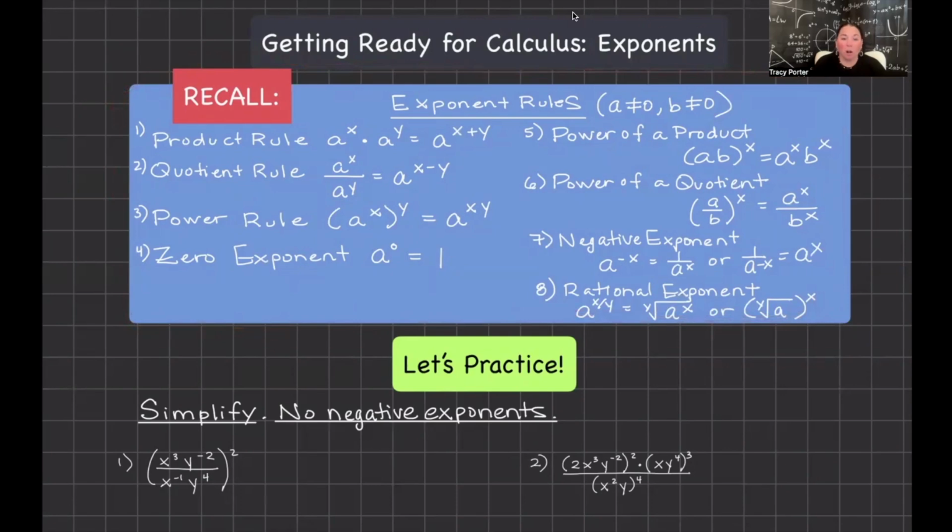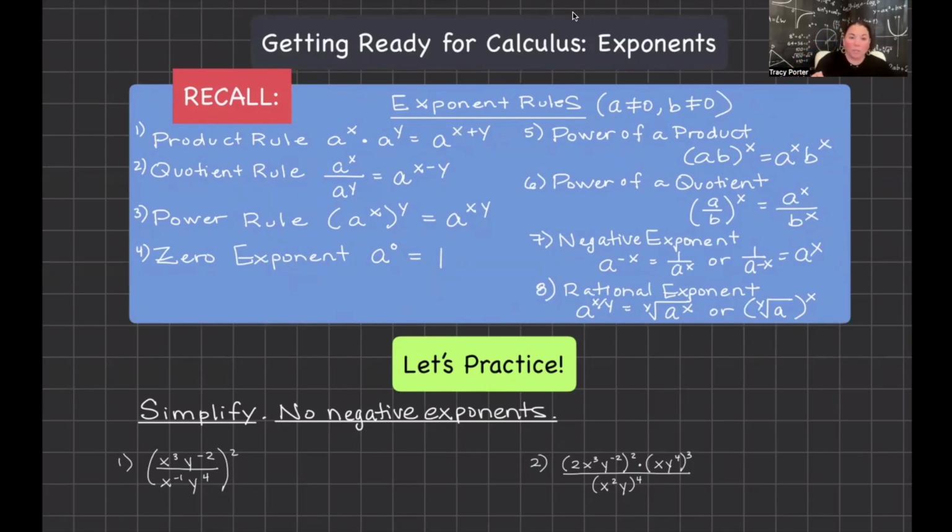They should all look familiar because this is not an introduction to exponent rules. This is a getting ready for calculus, which assumes you've already seen this at some point and maybe just need a refresher. And likewise, the problems will be a little more advanced and they'll have a mixture of all of the rules and not just an application of one or two at a time.